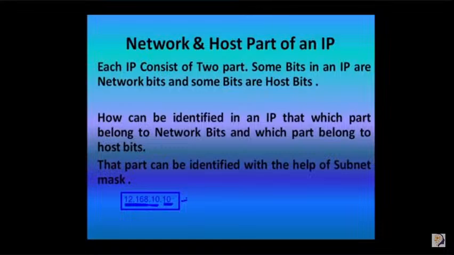In the same way, in an IP, some portion identifies a particular network and some portion of the bits identifies a particular device. So how do we identify which portion of an IP belongs to the network part and which to the host part? Each IP consists of two parts: some bits are network bits and some are host bits. We can identify that with the help of the subnet mask.